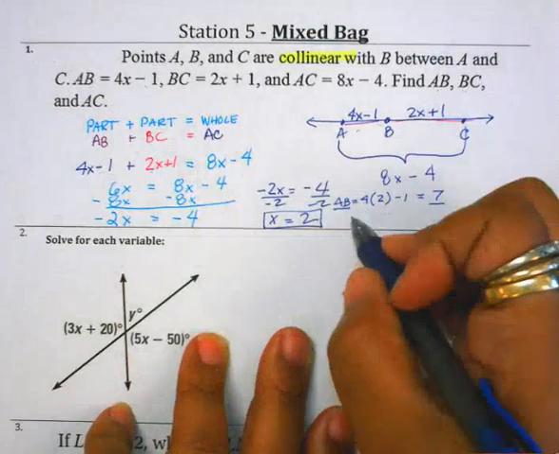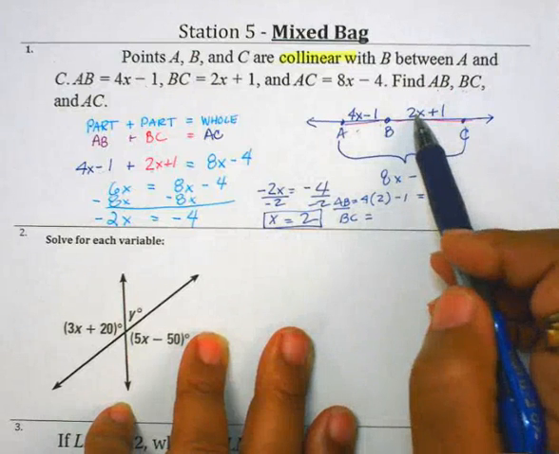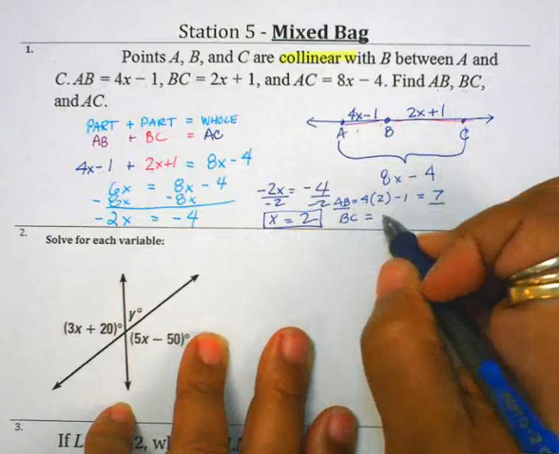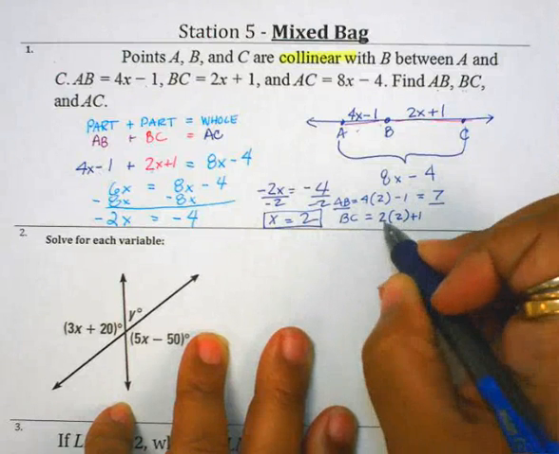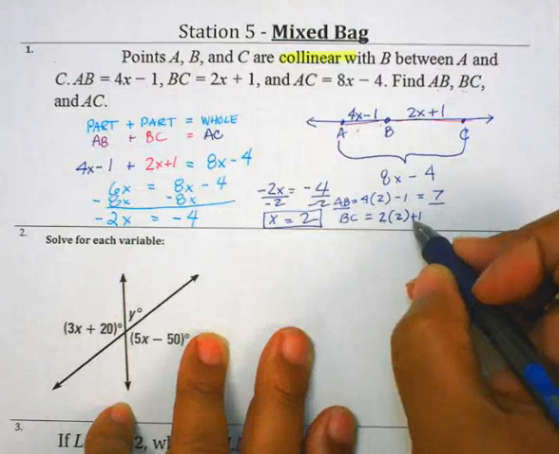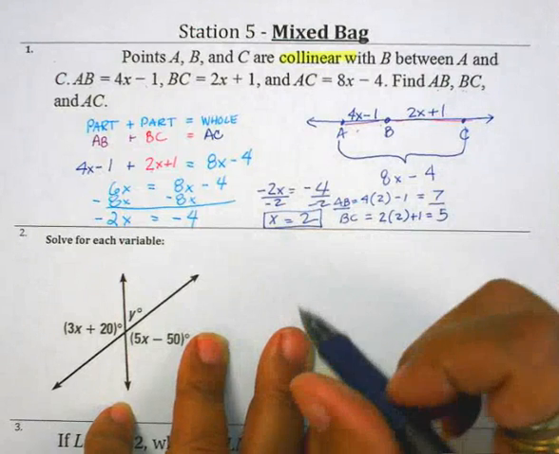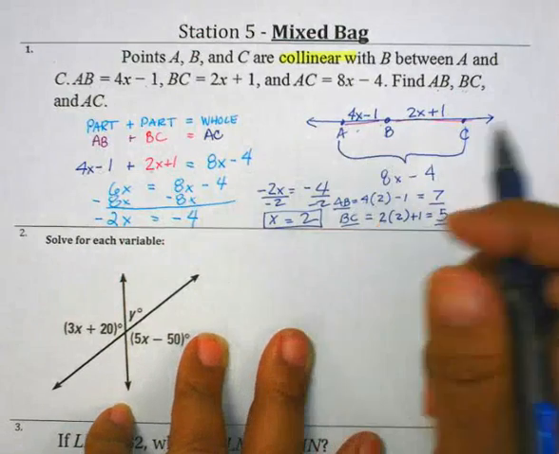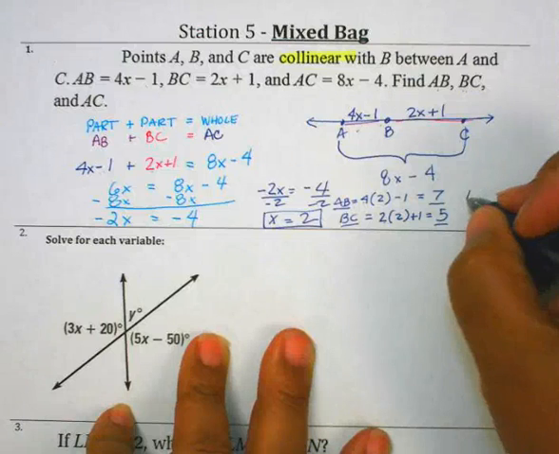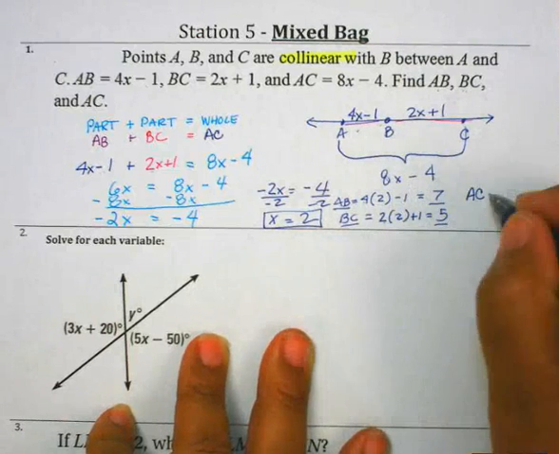BC is equal to 2x plus 1. So we're going to take 2 times 2 plus 1. 2 times 2 is 4, plus 1 is 5. So BC has a measure of 5. And the last one, AC, is 8x minus 4.